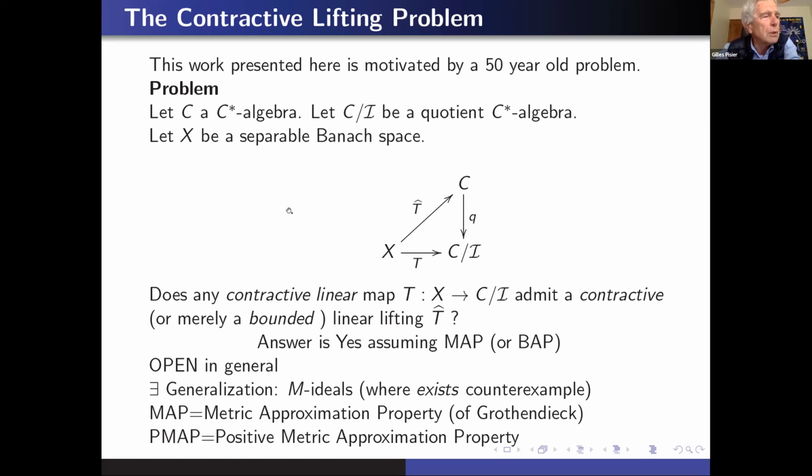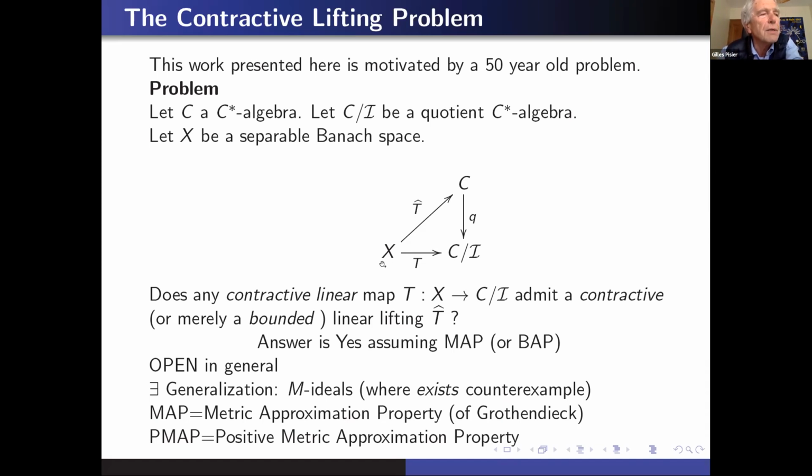This problem was studied in particular in the 1970s. I'll give a reference, and it was shown that the answer is yes, provided you have some approximation property by finite rank operators somewhere in the picture. It could be in the quotient C over I, could be in X, or the most general thing would be that the map T is approximable by finite rank contractions.